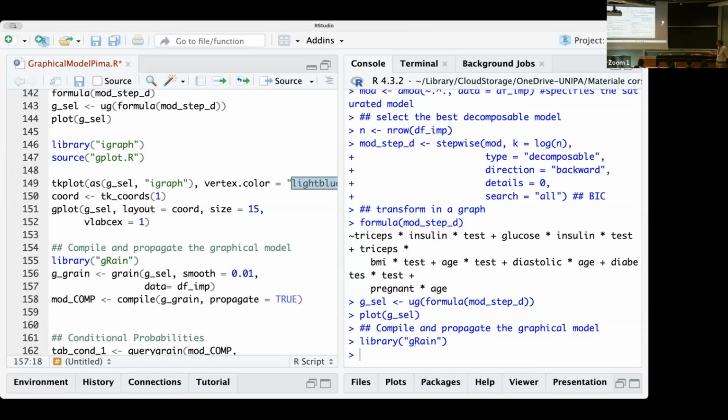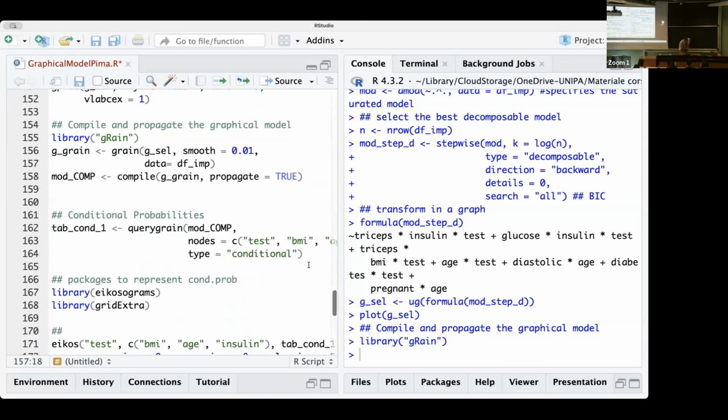Then you have this compile, and then you have the queries. This last bit is again equal to the previous one. So you can ask as many queries as you want. And the way you do it is with the function query.